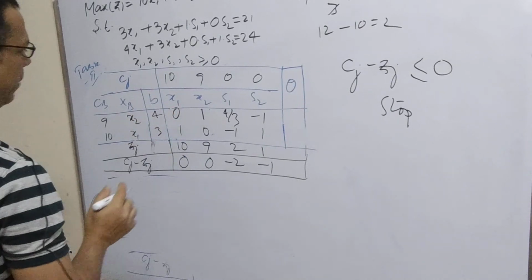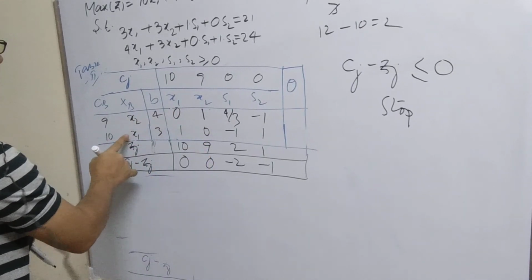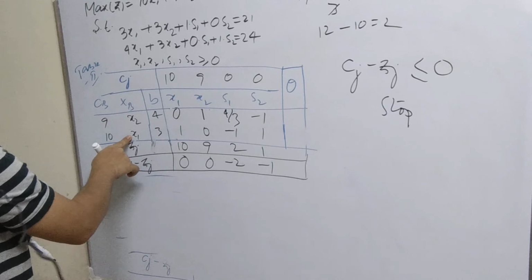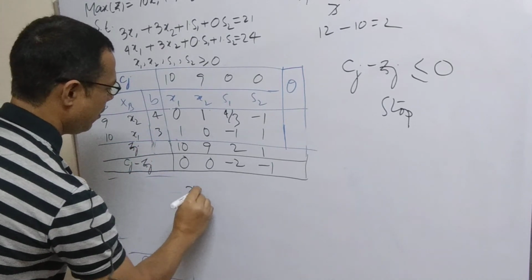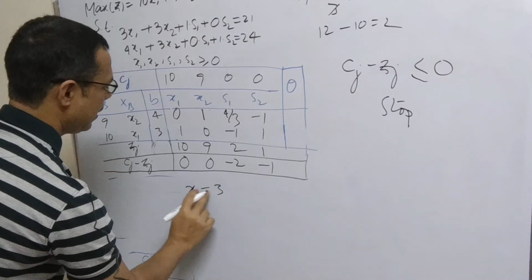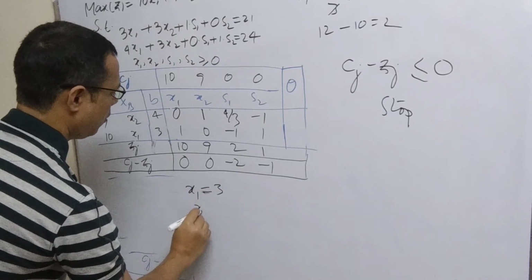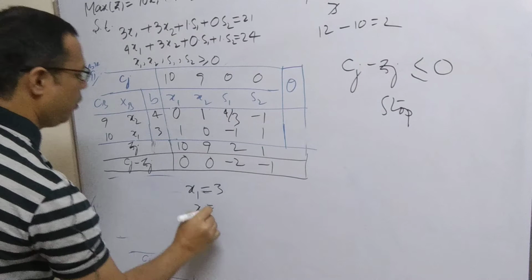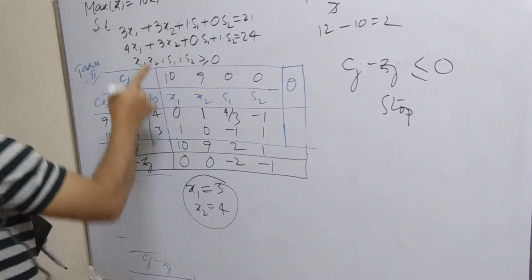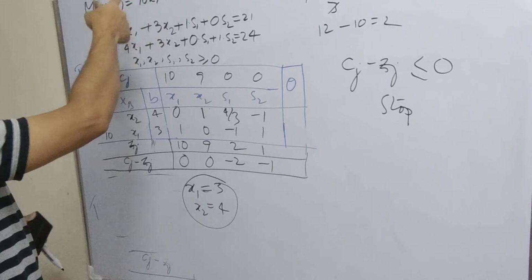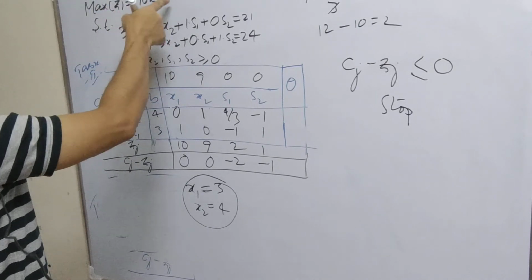Now you can stop here. Once you stop, see in front of x1 what values you get. In front of x1 is 3, just check the b value, and in front of x2 is 4. So you already have the values of x1 and x2. This is our objective function, our objective is to get the solution.